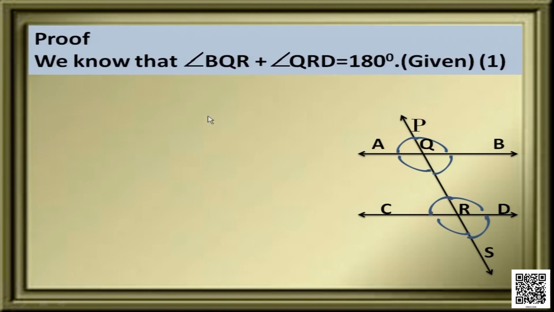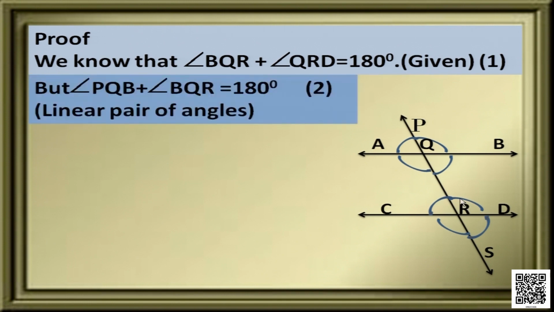We know that angle BQR and angle QRD, the sum of these two is 180 degrees as it is given, and PQB and BQR are 180 degrees. Why?